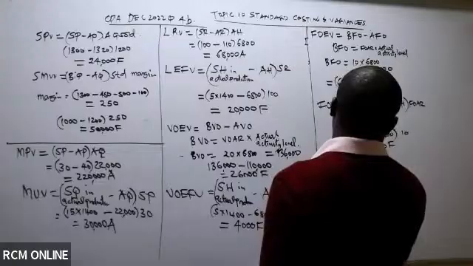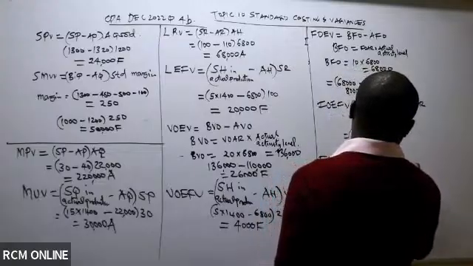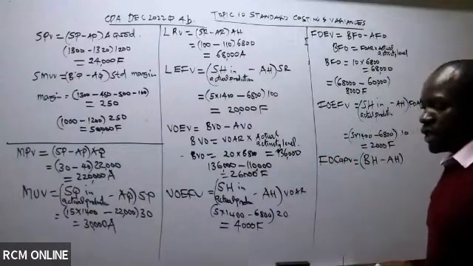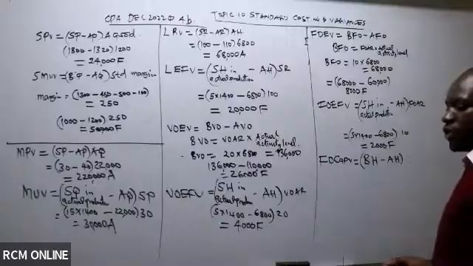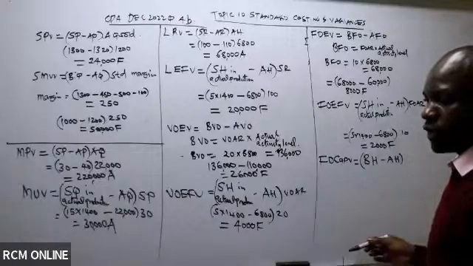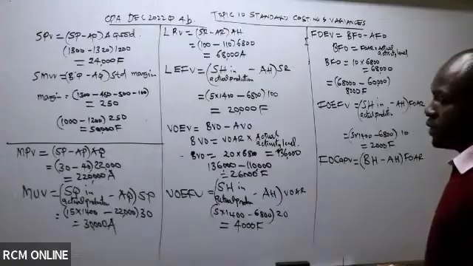Fixed overhead capacity variance is equal to budgeted hours minus actual hours, then you multiply by fixed overhead absorption rate. Very simple.